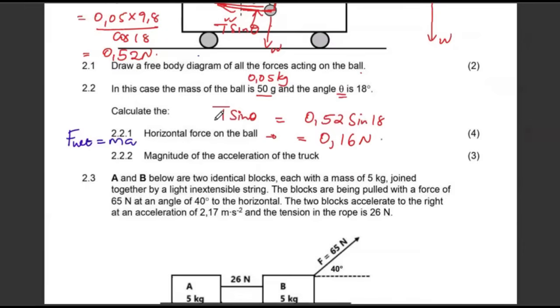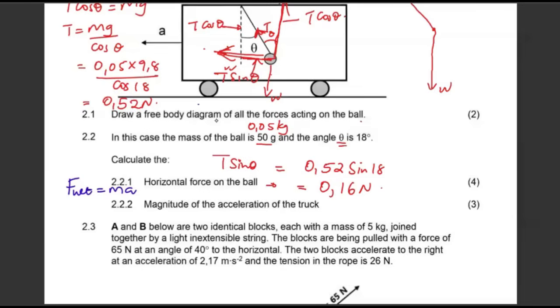We know that our net force is basically what we got as the horizontal, meaning that the 0.16 is equivalent to the mass, which is 0.05, times a. Then divide both sides by 0.05.